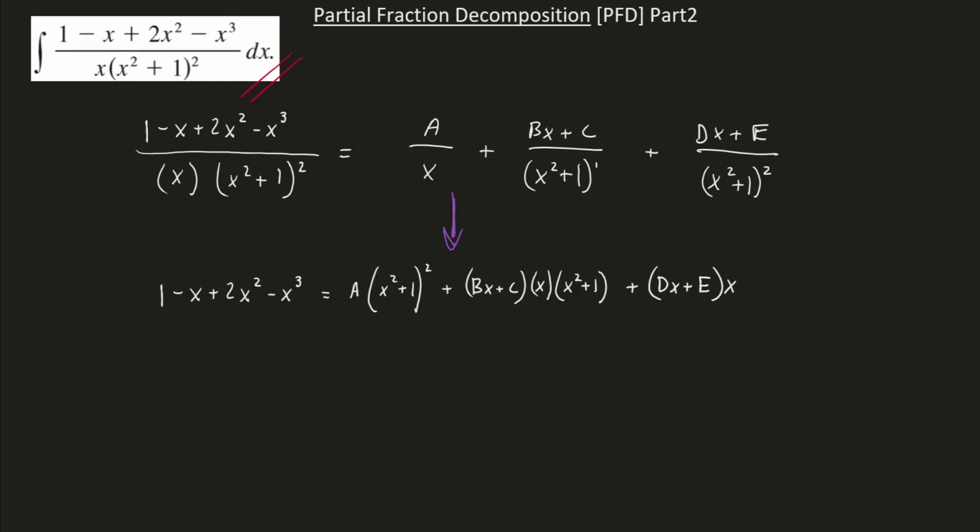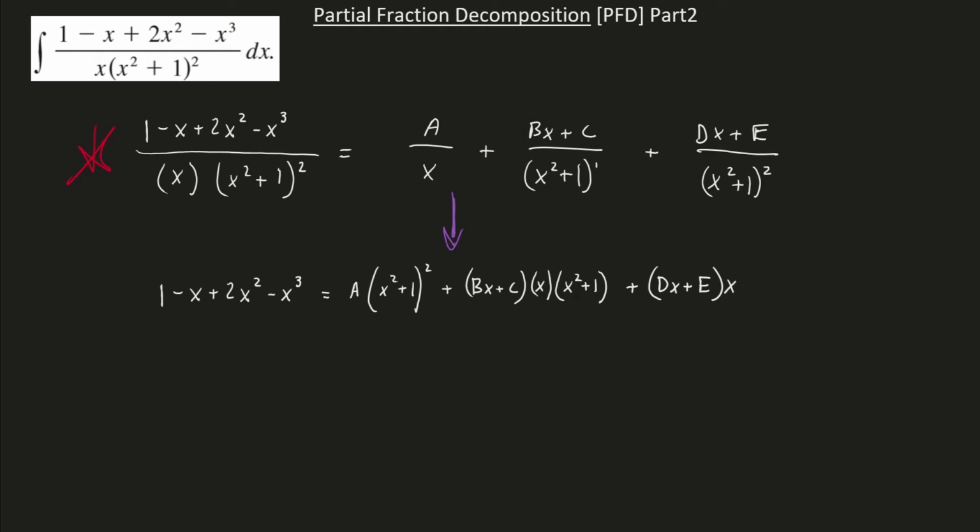Alright, so take this PFD problem right there. Step 0 wasn't needed. We didn't have to do long division. We did our split here: A over x, the first version of a quadratic equation, and the second version of that quadratic equation, x squared plus 1.